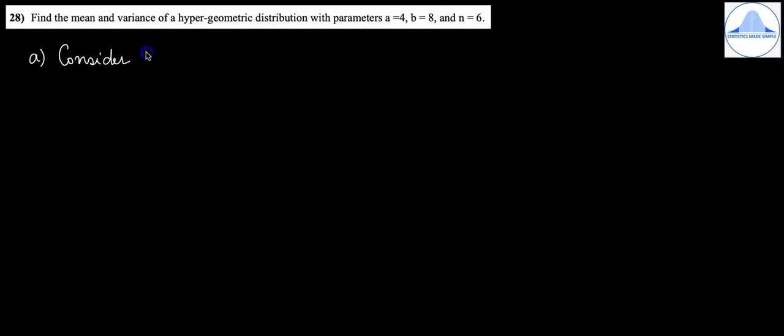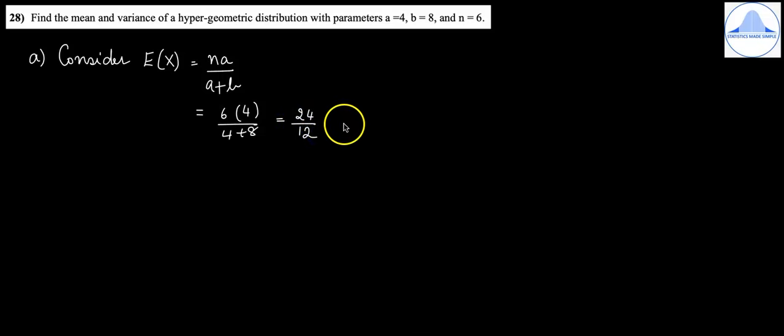So consider expectation of x is equal to NA divided by a plus b. So this is equal to 6 into 4 divided by 4 plus 8, which is 24 divided by 12. So we get expectation of x is equal to 2.